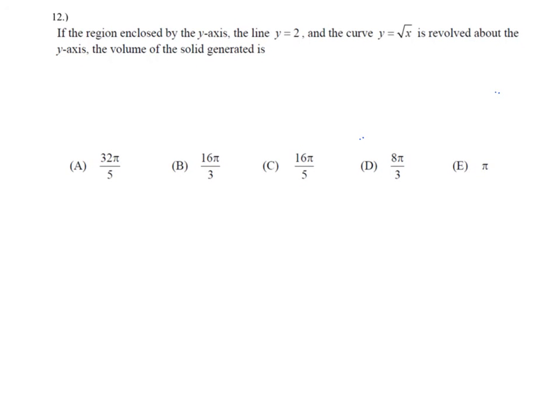I'm going to do this one underneath, just so that we have more space. Okay, so now if we're revolving this region around the y-axis, let's draw our line from our axis of rotation through that region.